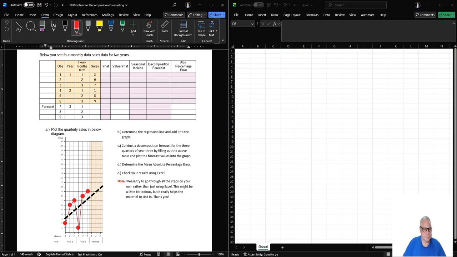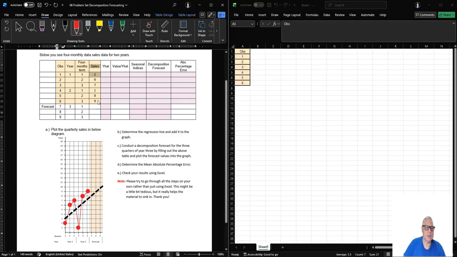So we would estimate a slope of maybe 1 and an intercept probably of 2. And again, we don't start at 1, normally we start at 0. So let's see what Excel says.